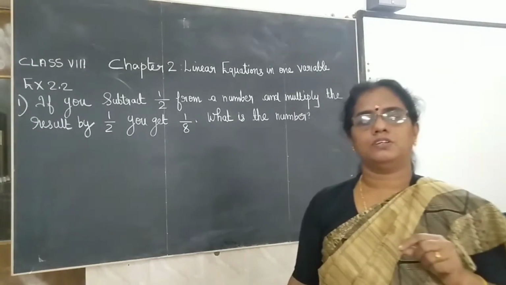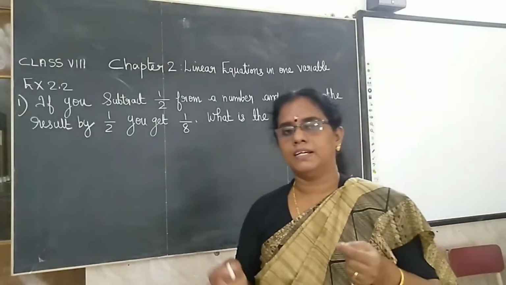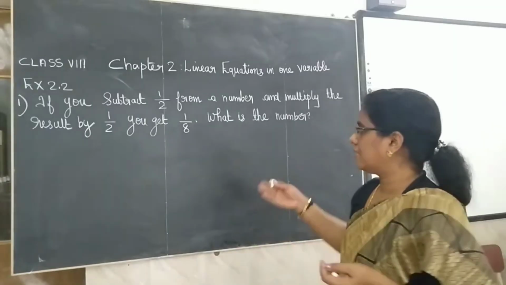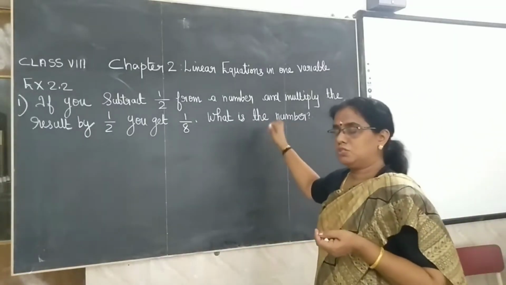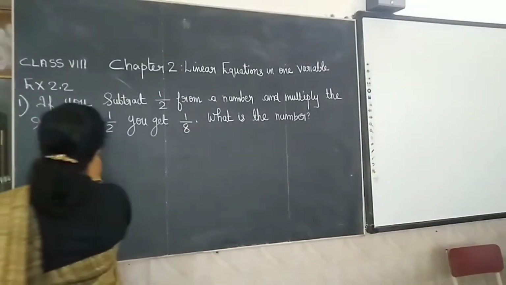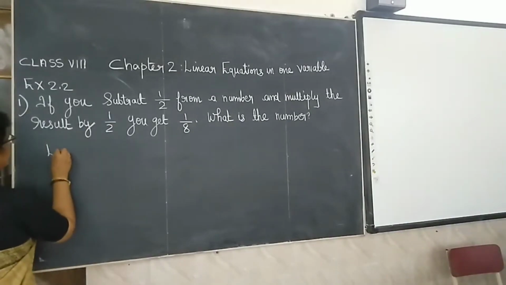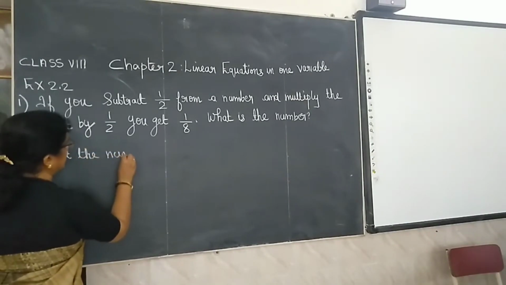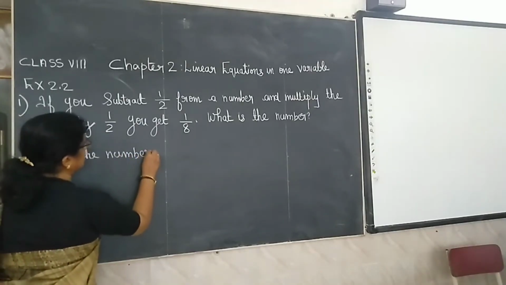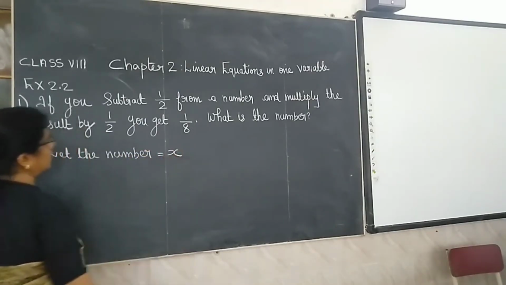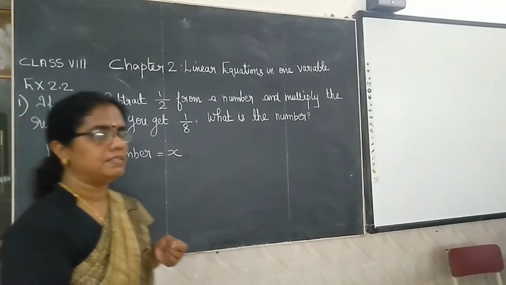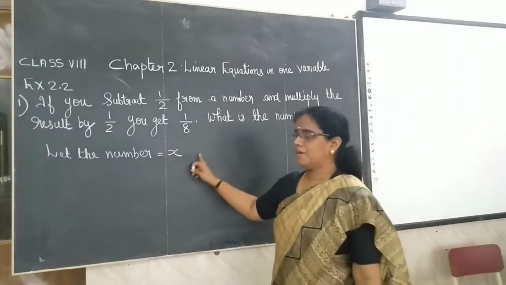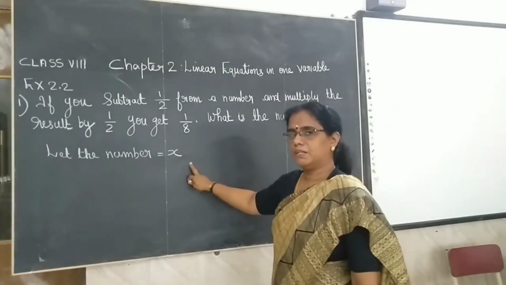This type of question, first we will take the given number as x, because we don't know the number. They are asking what is the number. So we will take, let the number be x. Number equal to x. Now the second condition is, if you subtract 1 by 2 from the given number. Here x is the number.